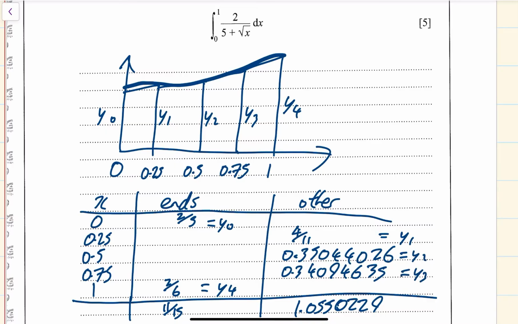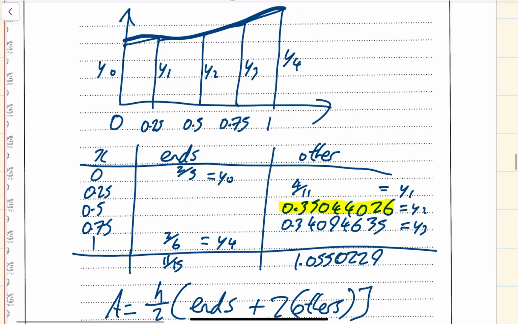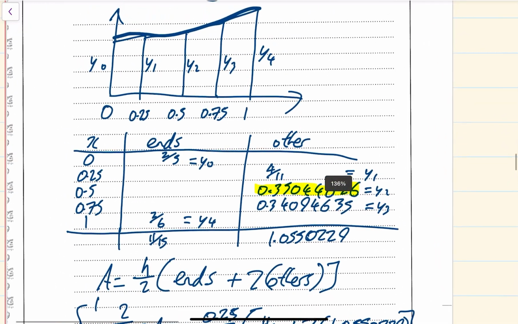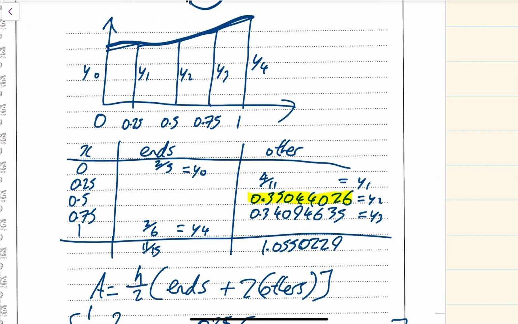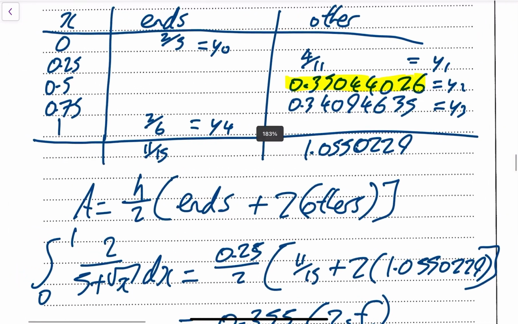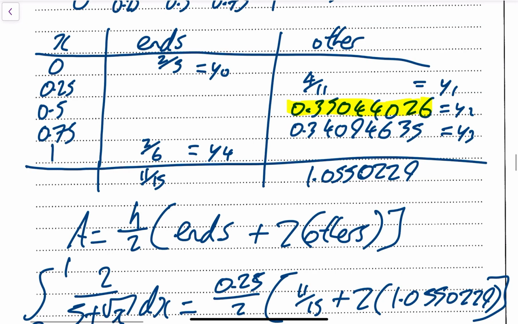How I got those values, for example, to get y2, which was when x was 0.5, I put 0.5 into this thing, which gave me 0.3044026. And then we can use the trapezium rule, which is basically area is equal to h over 2 upon the ends plus 2 times the others. My ends add to be 11 over 15, a lovely value.